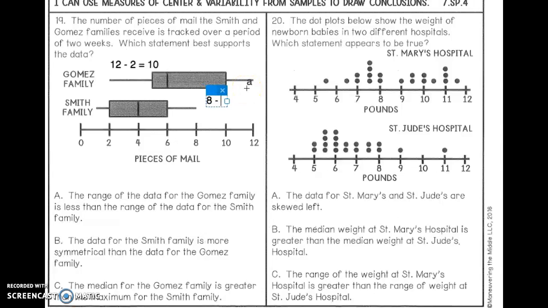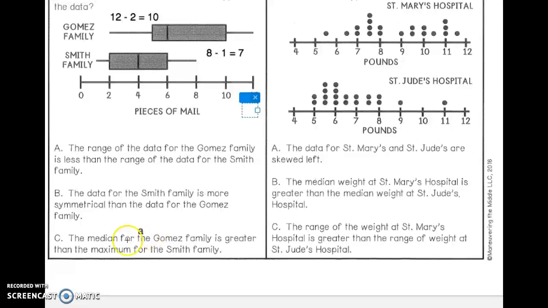So if we do 8 minus 1, that would be 7. So let's reread part A. The range of the data for the Gomez family is less than the range of the data for the Smith family. Well, the Gomez family range is 10, the Smith family is 7, so that would not be true.